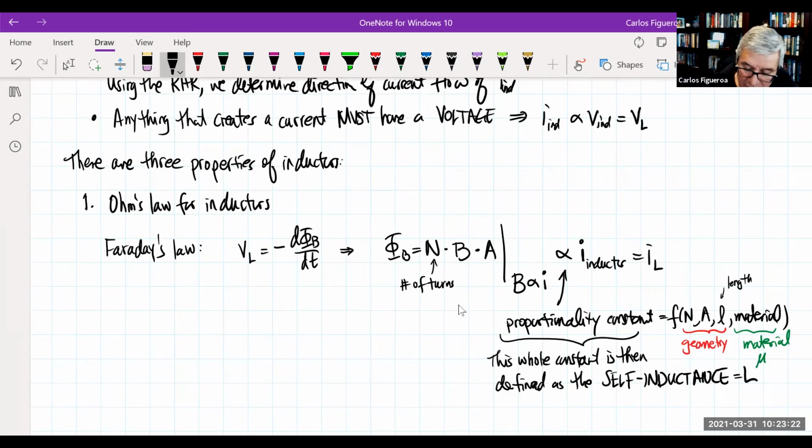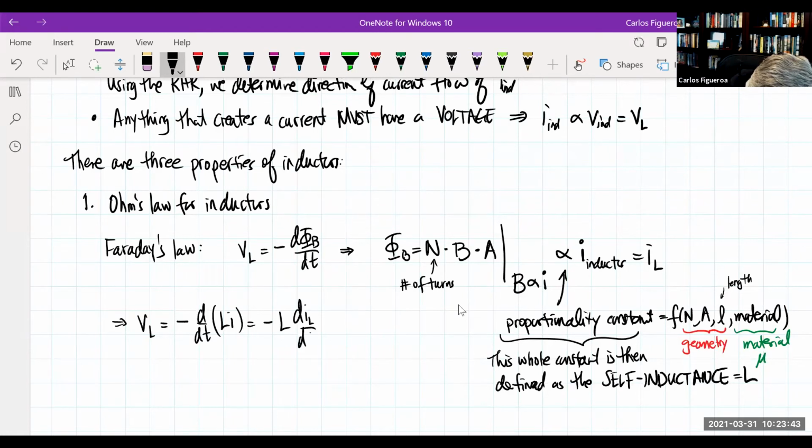So in other words, we then bring this into Faraday's law, and Faraday's law then tells us here that VL is equal to minus d/dt of L times I, which is then minus L dIL/dt. Now, there's this pesky minus sign.